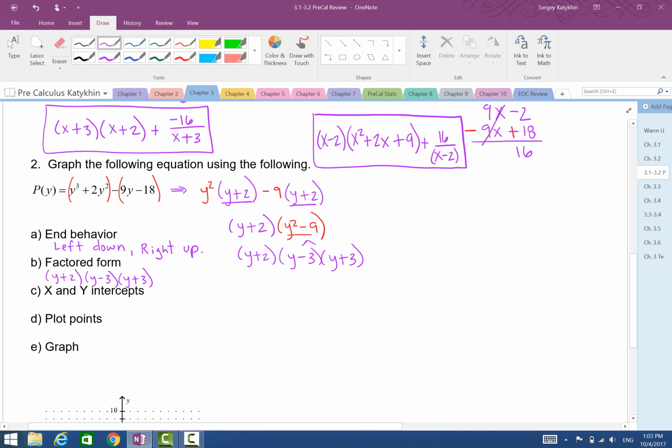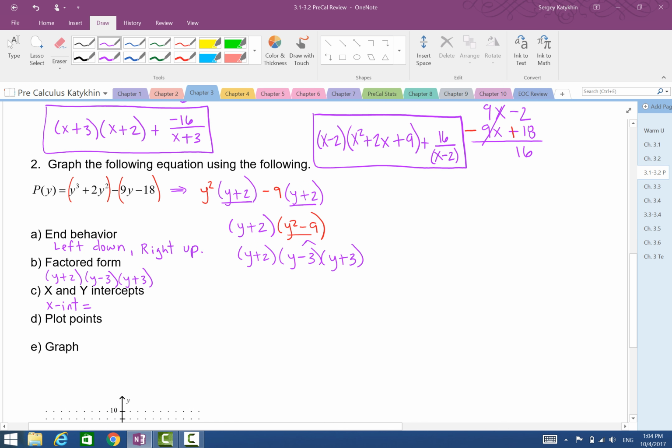Now we're asked to find the x and the y-intercept. Well, the x-intercept is going to be as follows. Remember, it's these factors when I set them equal to 0. In other words, I set y equal to 0 and I solve for them.